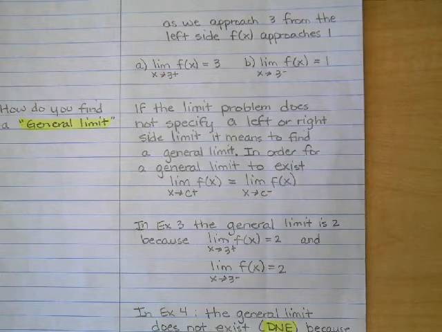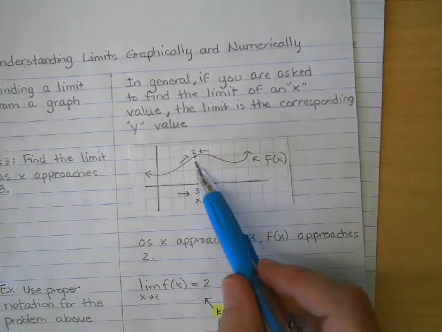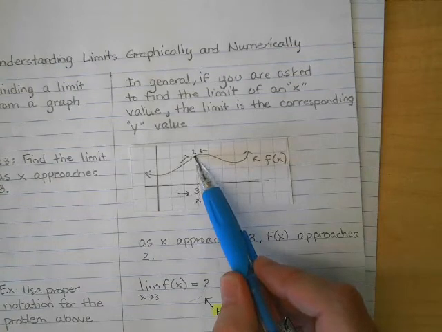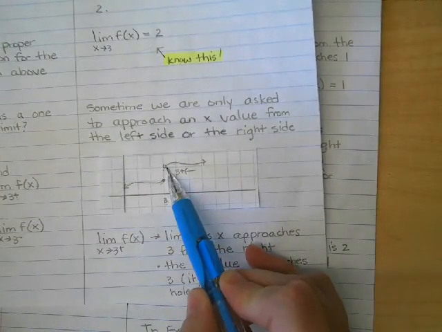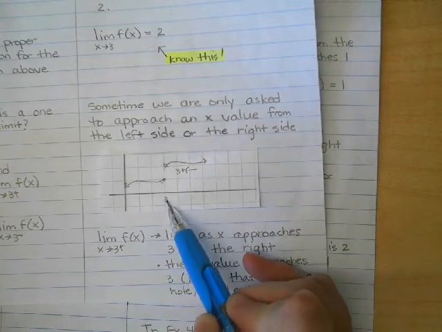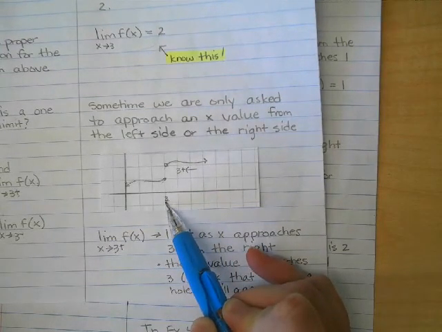If they're not equal, the limit does not exist. So in our first example, from the left and from the right, they both equal 2. The limit of this function as x approaches 3 is 2. Aha, here from the left and from the right, there's something different. So we say the limit of this function as x approaches 3 does not exist.